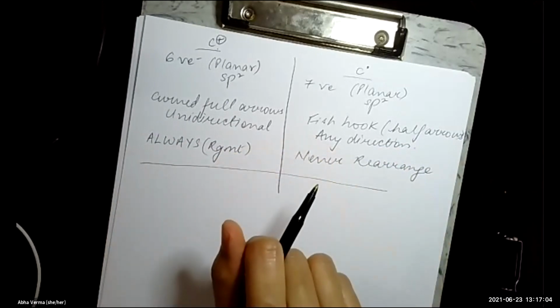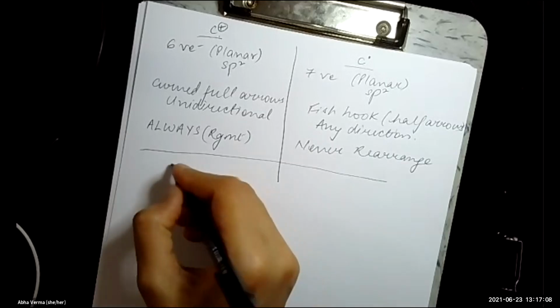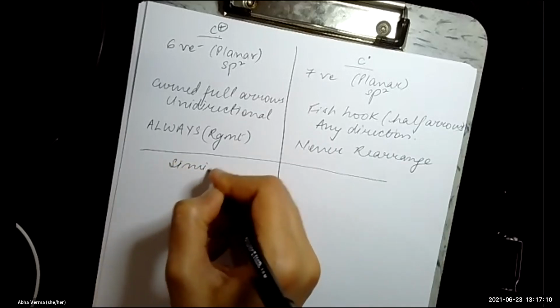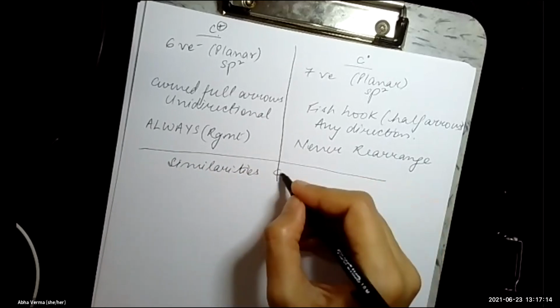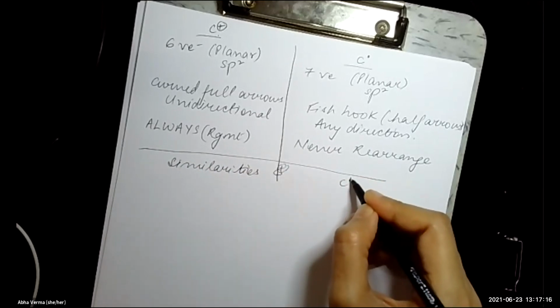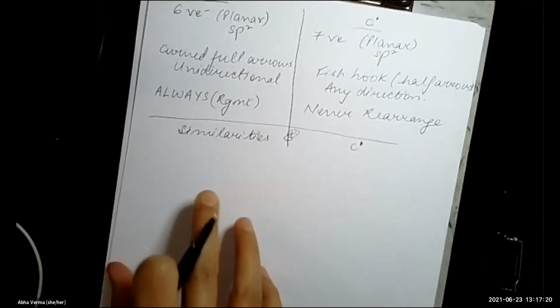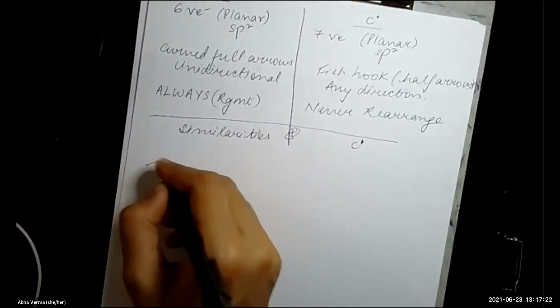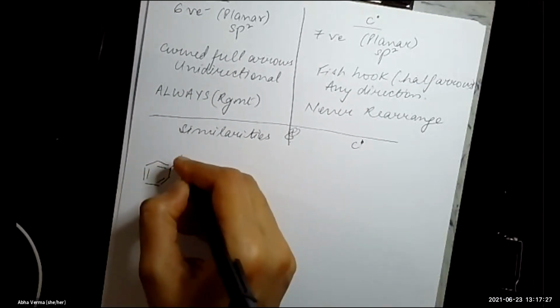Besides this, I want you to remember, there are very many similarities between carbocations and carbon radicals. What is the stability order that we know for carbocations?